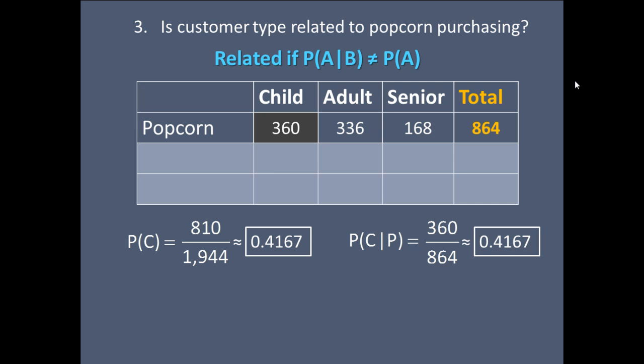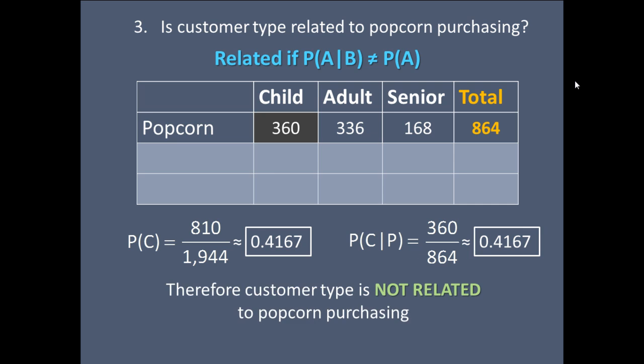We had the probability for event C given P being 0.4167. And since those two things are equal, they pass the independence test, which means they are independent. If they are independent, they are not related. So what this means is those two events are not related, in which case, whatever age group you're in, child, adult, or senior, all of them are equally likely to purchase popcorn.